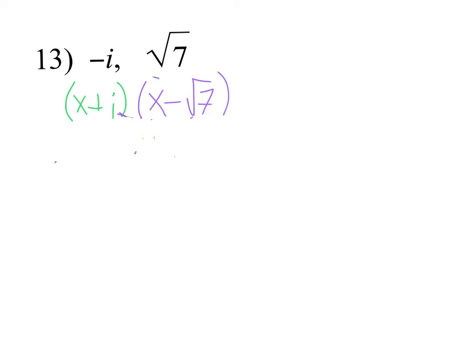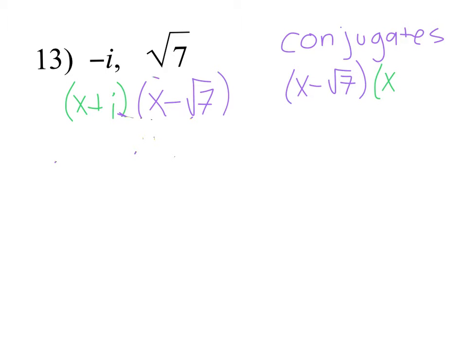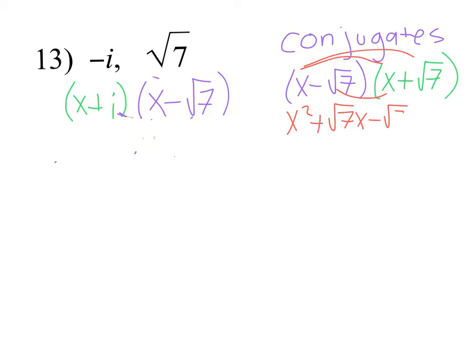The idea behind how we're going to work on this is going to be based on conjugates. And the big idea here is if, for example, x minus the square root of 7 is going to be a factor, and I have to have integer coefficients, that means that x plus the square root of 7 also has to be a factor. I'm going to multiply this out so we can see why this is true. We get x squared. We get plus the square root of 7x. We get minus the square root of 7x.